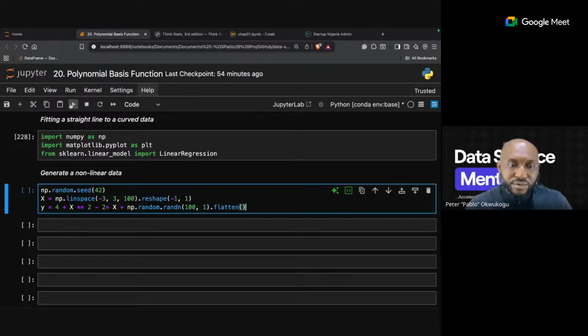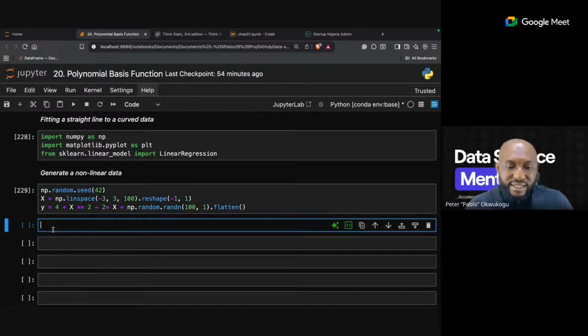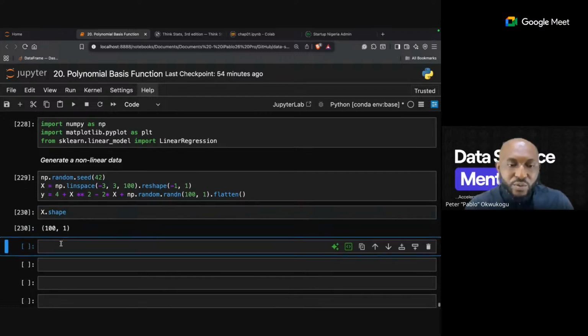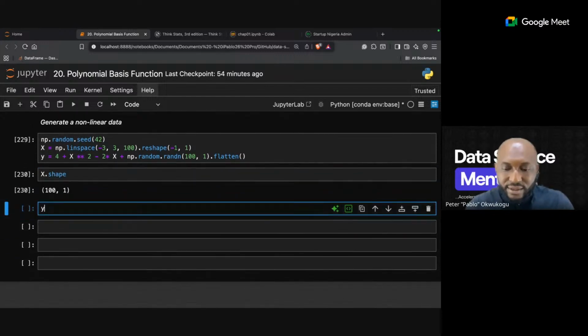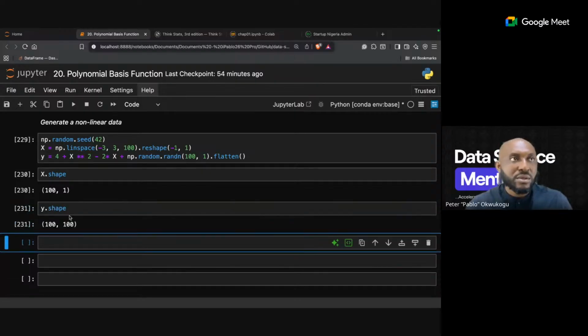So we run this here. In essence, if I use x.shape, it tells me that it's 100 by 1. If I use y.shape, it just tells me, no, hold on. This isn't supposed to be. Let me see. So it's 100 by 100, but let me see.